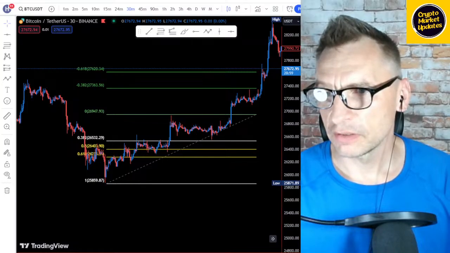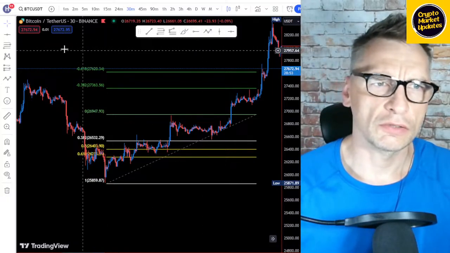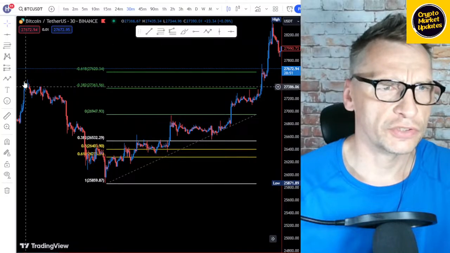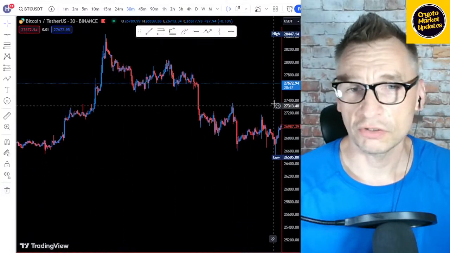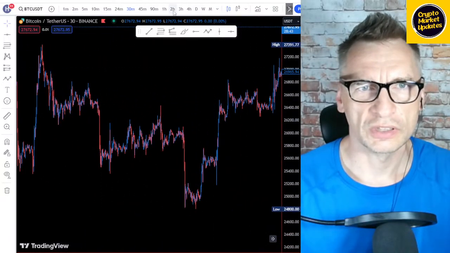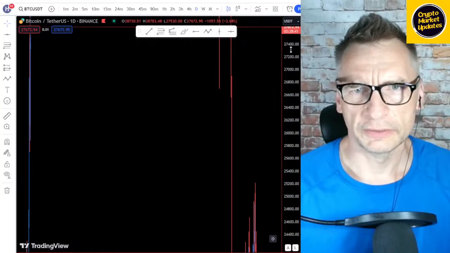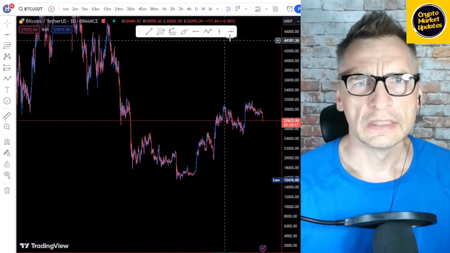What do we need here? Support and resistance levels with breaks. Okay, so let's clear this off here first. Remove 3 drawings. They're called drawings because you're drawing stuff, doodling up on the chart, on the daily.